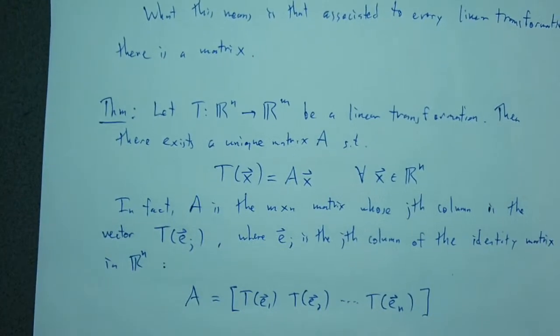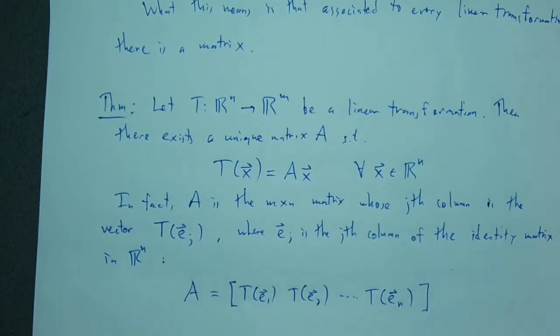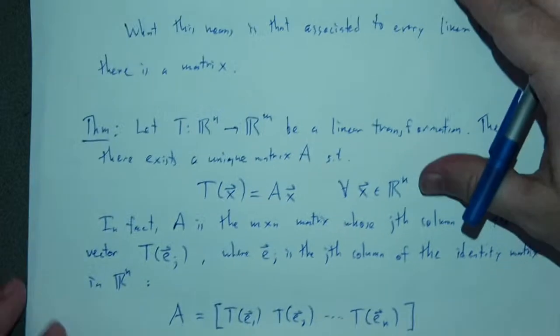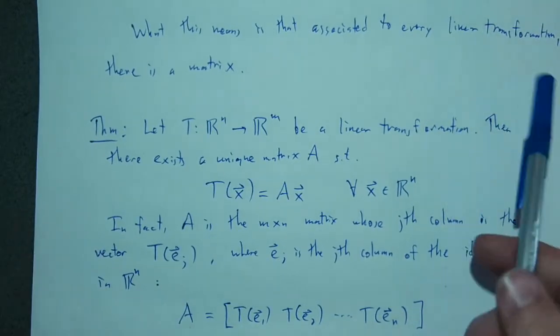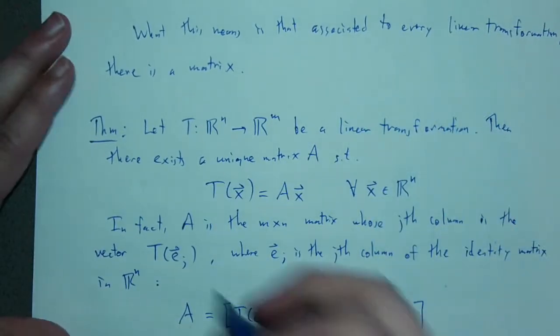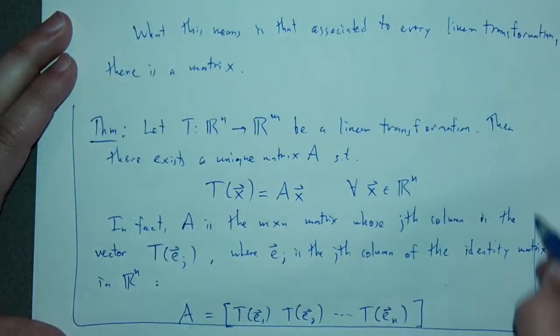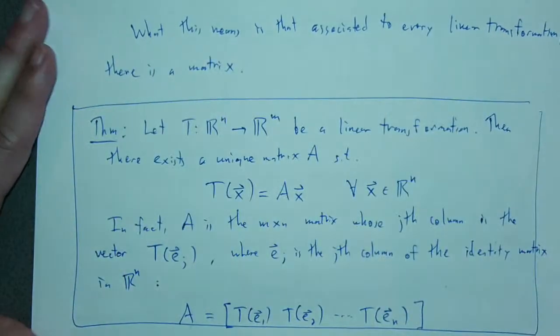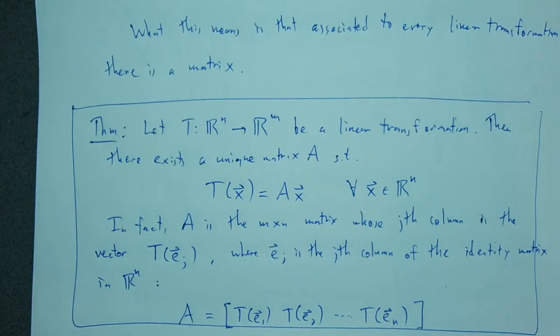And so what this is saying, going back to this theorem, is that we can find the matrix associated with any linear transformation by taking my transformation defined in whatever way. Maybe my transformation is given to me in words.